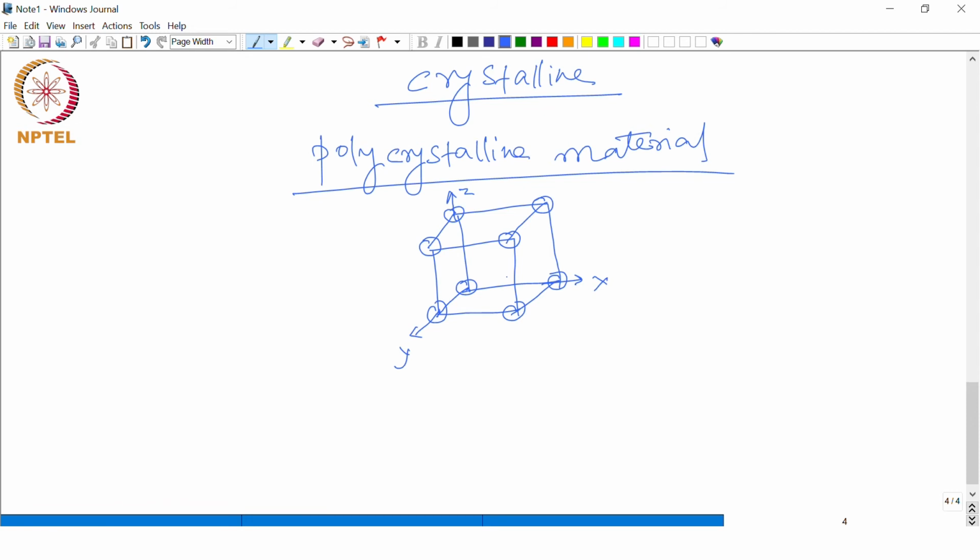There can be other variations on this, like for example, you can have atoms at the center of each of these 6 faces that you have, like this.